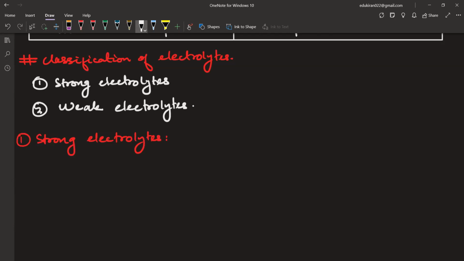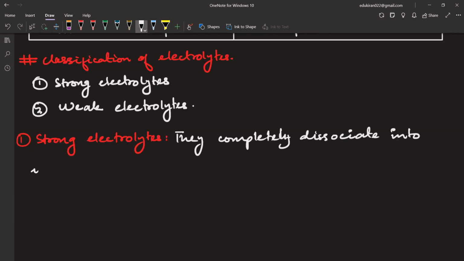So what are strong electrolytes? They completely dissociate into their ions in solutions.